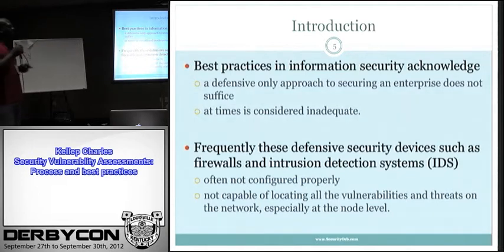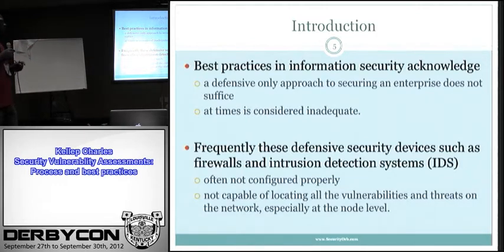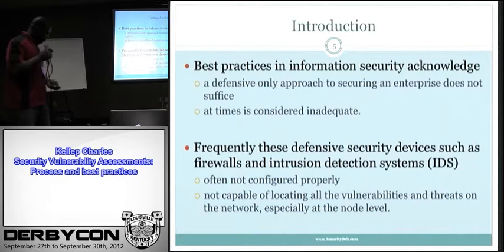Conducting a security assessment helps bridge that gap between what's going on in the perimeter and what's going on at the node level. Basically, it closes that security gap and gives a much smaller security vulnerability footprint if an attacker was to actually get into your system.